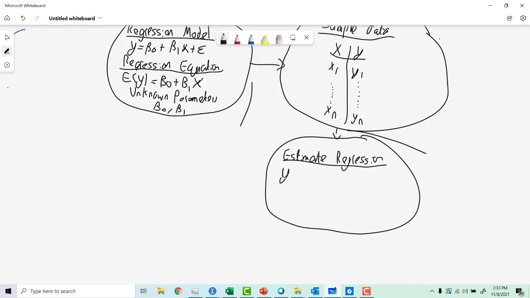Here we're going to have y hat equals beta 0 hat plus beta 1 hat x.